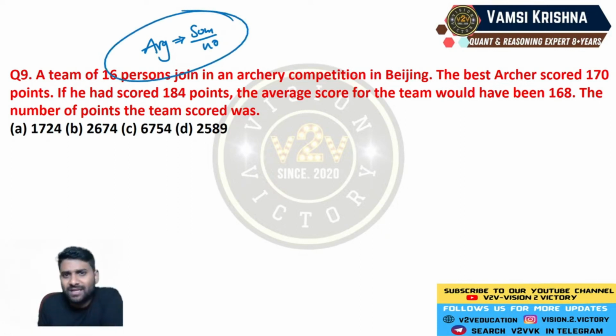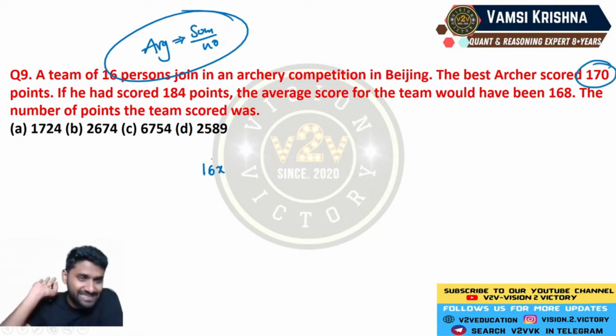Now just assuming that the average points of the entire archery team is x. So total value is equal to 16x. The best archer scored 170. If he scored 184, it means he already scored 170. That's why the whole total is 16x.